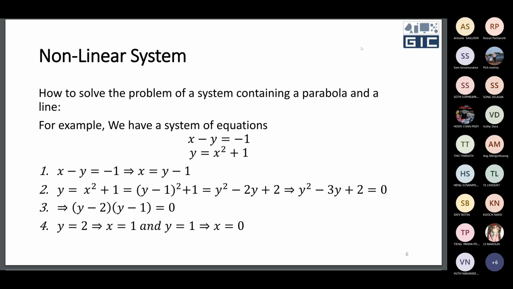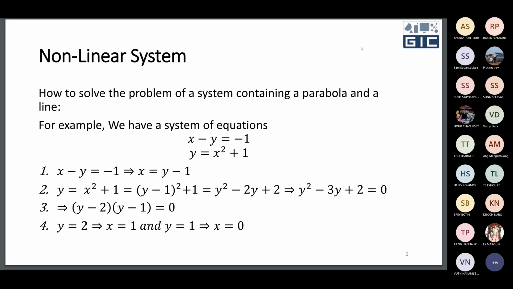In the case y equal to 2, you replace it into the first equation. You will get the value x equal to 1. And for y equal to 1, you will get x equal to 0. We have one question: both equation number 1 and equation number 2, can we replace y in both equations? You cannot.